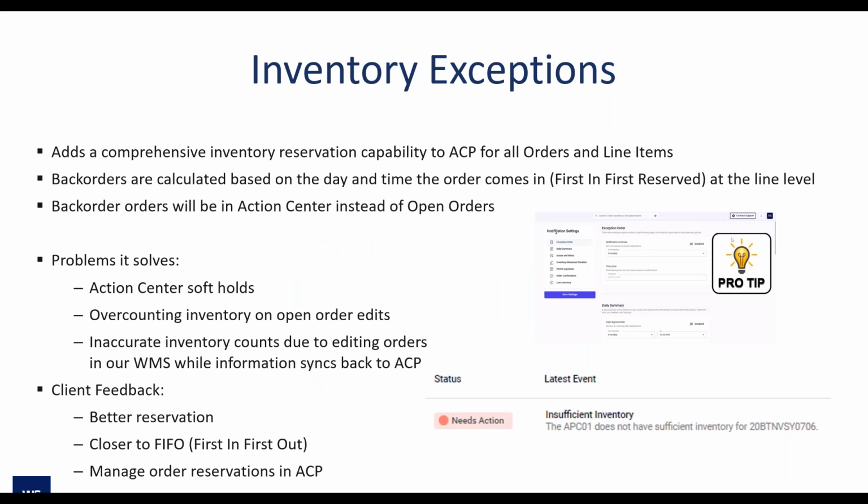Which brings me more to inventory exceptions. This was a big thing that we did. In the fall of last year, we released inventory exceptions, an improved way of managing inventory in our system, so that orders that have an inventory hold are held in the Action Center.